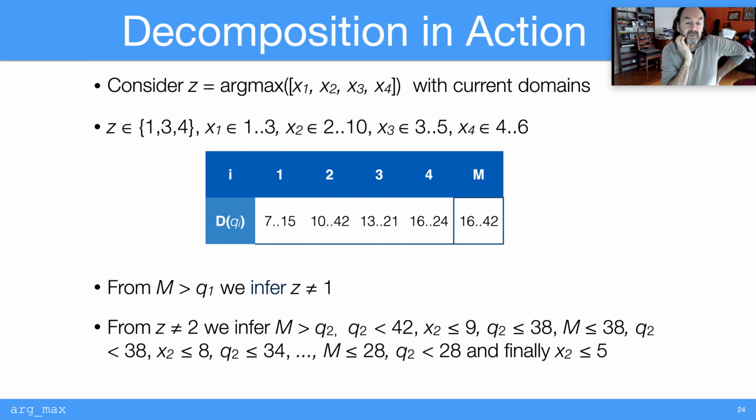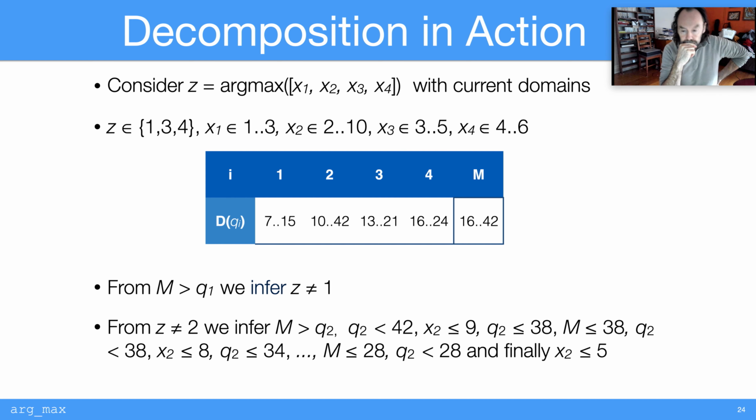That's nice. For the second one, it's a bit more complicated. From z is not equal to 2, we infer that m is greater than q2. That means q2 has to be less than 42, because that's m's maximum value. Once we do that, we get that x2 is less than 9, and then we get that q2 is less than or equal to 38, because q2 is just a function of x2.